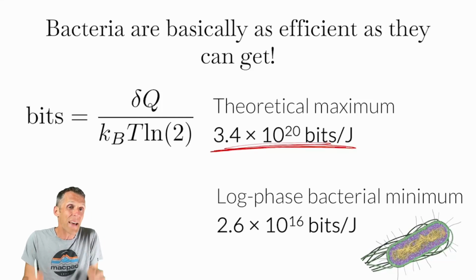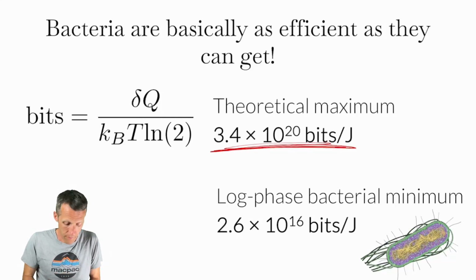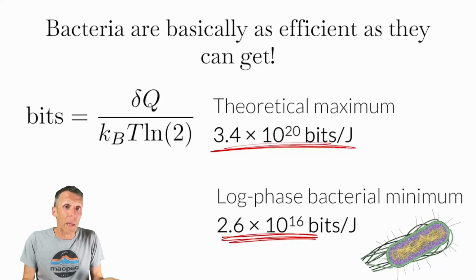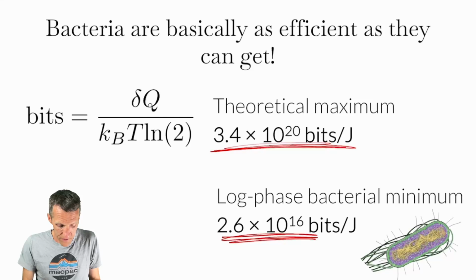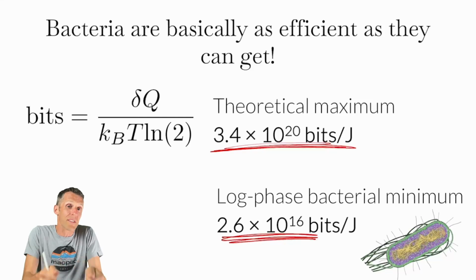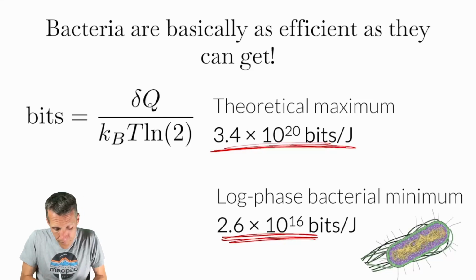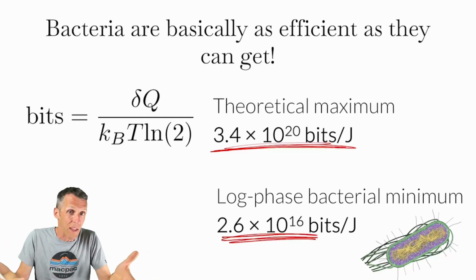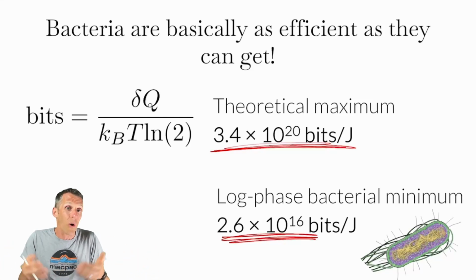This is the best a perfect computer could do information-processing wise. Log phase bacteria are processing something that's only a few orders of magnitude away from this theoretical maximum. So basically bacteria are computing almost as energetically efficiently as possible, which makes a lot of sense, right? Evolution wants to maximize your ability to go and do stuff, like a bacterium processing information, while also minimizing the energy that's spent.